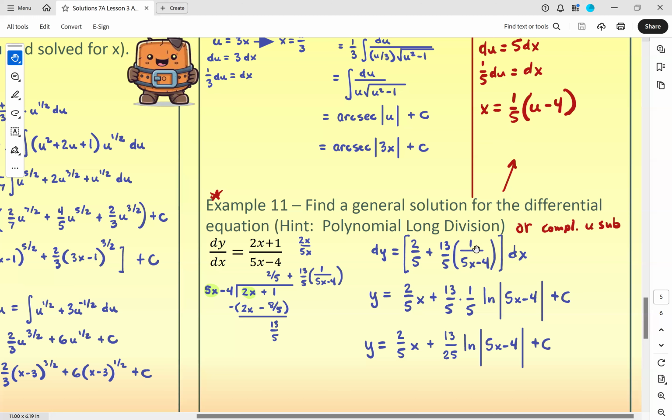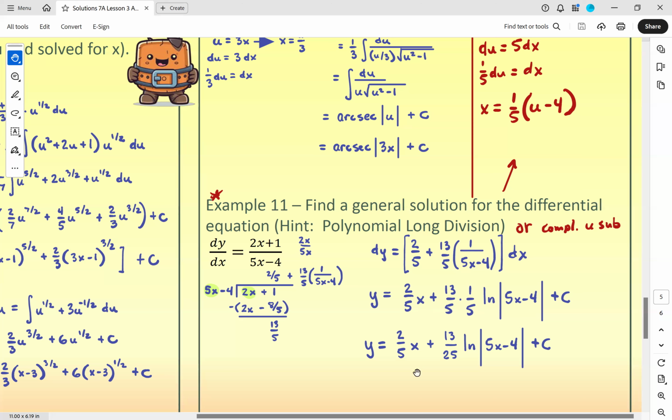I have skipped that work here, but the derivative of 5x minus 4 is just 5, which is going to lead to an extra 1/5 getting multiplied in when we do our swap outs. So I have skipped that work, but you'll see an extra 1/5. And then if I had had a u here, we'd be looking at the log antiderivative. So natural log absolute value of 5x minus 4 plus c.